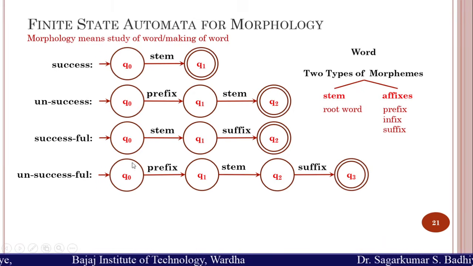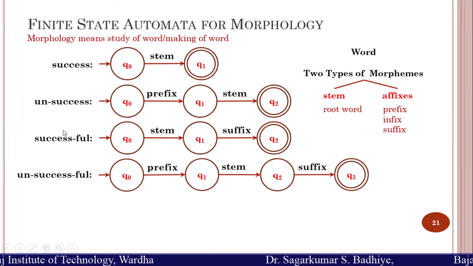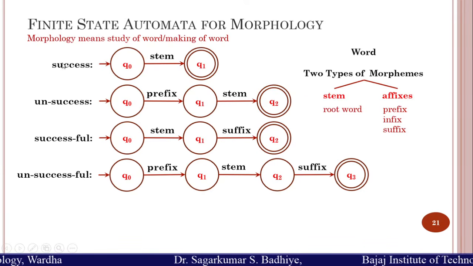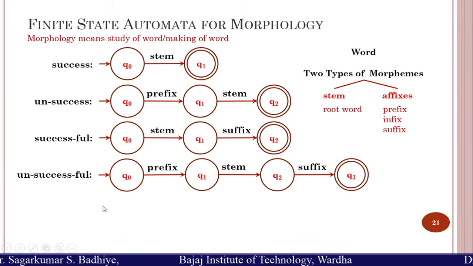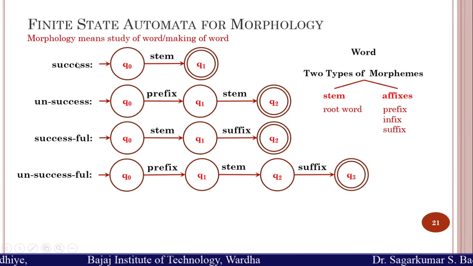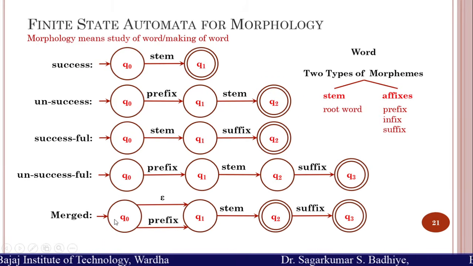So these are four different automata to read the same kind of words, out of which some are suffix, some are prefix, some are root word, and some are infix. Right. So these four different automata can be merged together to form a single automata, or non-deterministic finite automata, to accept all these four kinds of words simply by adding epsilon transitions.